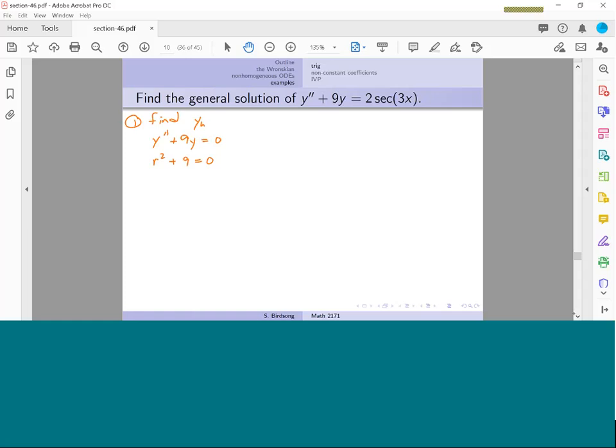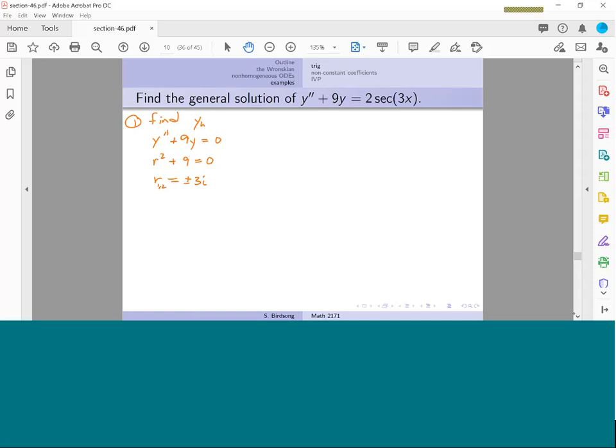So y is not the derivative, so it's really r to the 0. Then we need to solve for r. If you solve for r, it will give you 2 answers, plus or minus 3i. Okay? And yes, I skipped some steps with that one. Not many, but a couple.